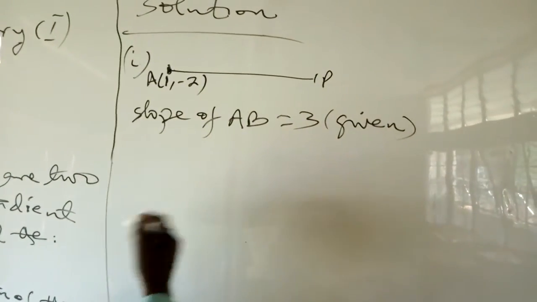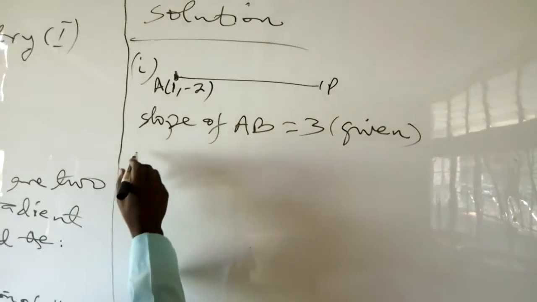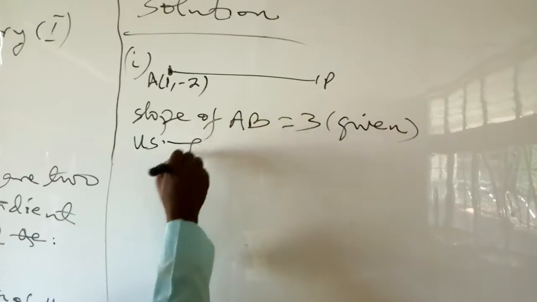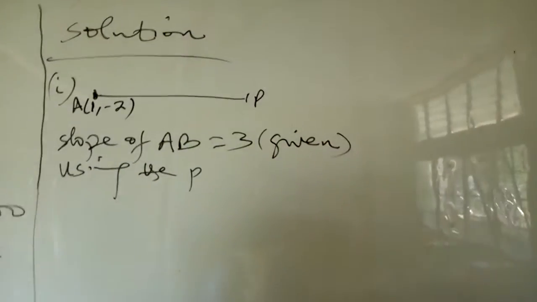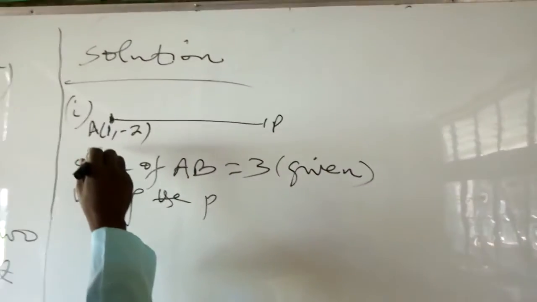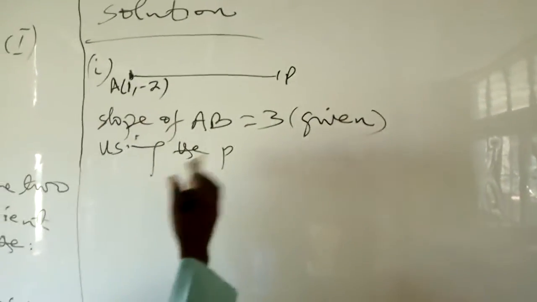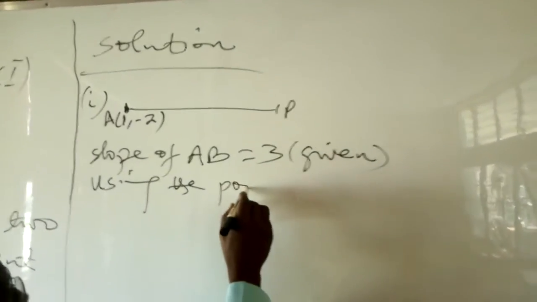We know the coordinates of one point on this line AP, so we use the point-slope form, in the sense that we know the coordinates of one point on the line and we know the slope.